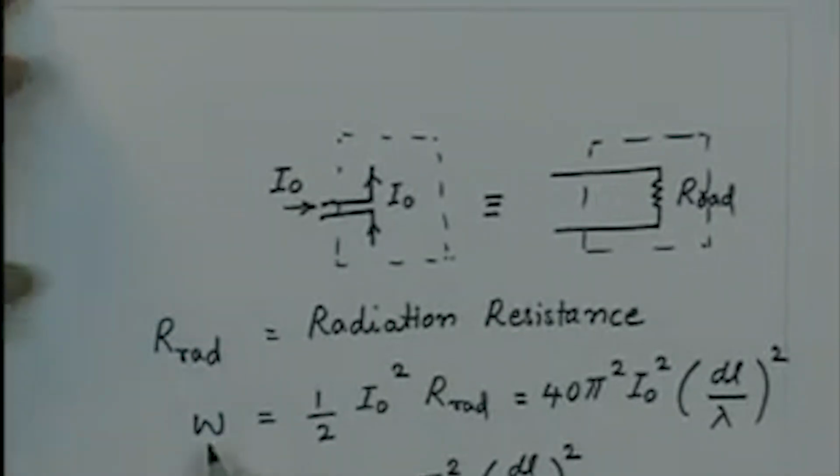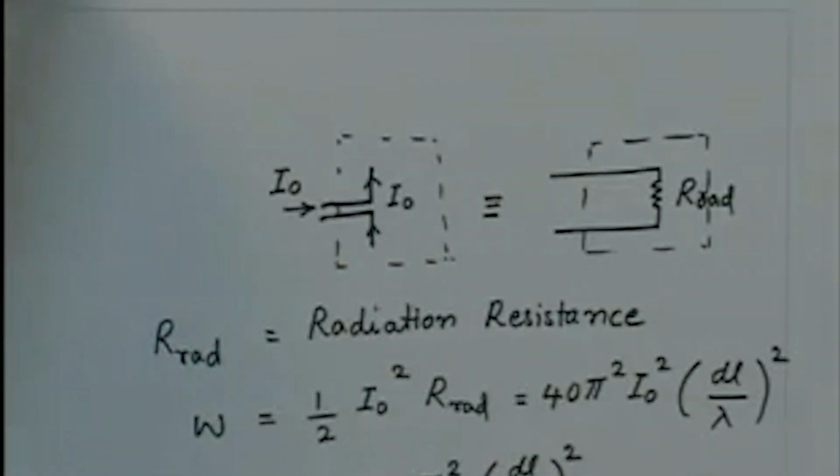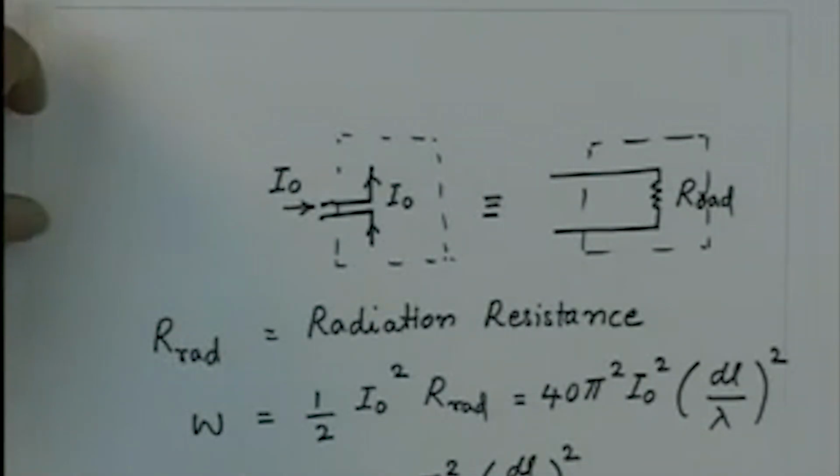And as you have seen, the power radiated is proportional to R radiation for a given current. The higher the radiation resistance, the more power will be radiated by the Hertz dipole. So, now we have a requirement that the resistance should be as large as possible. That essentially means dl should be as large as possible, but dl cannot be increased arbitrarily.